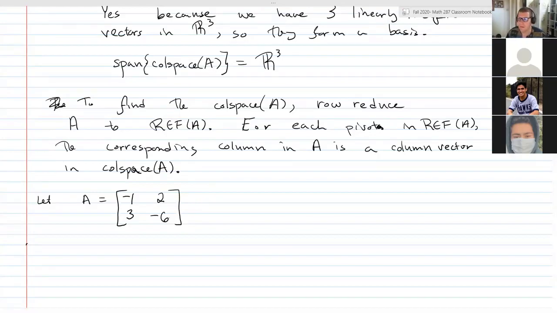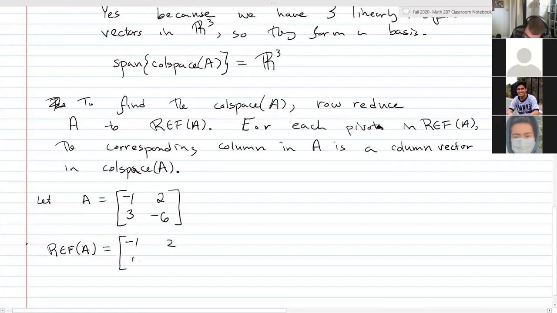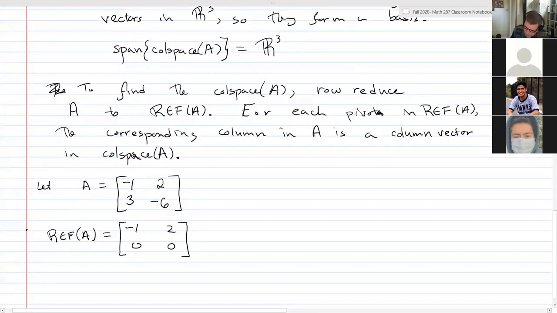So that's A. And what we'll do is take the REF of A, and that's going to end up equaling -1, 2, 0, 0. You can check that if you want, but you can probably see that that's going to be the case. So now the row space is the non-zero rows. Row space of A equals the non-zero rows.